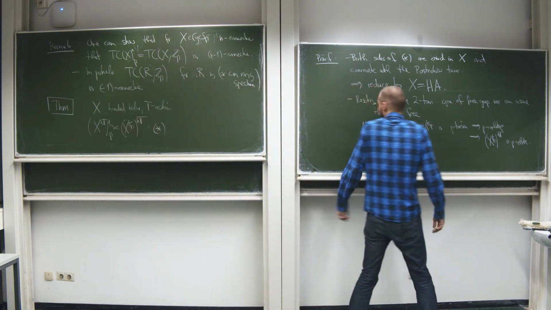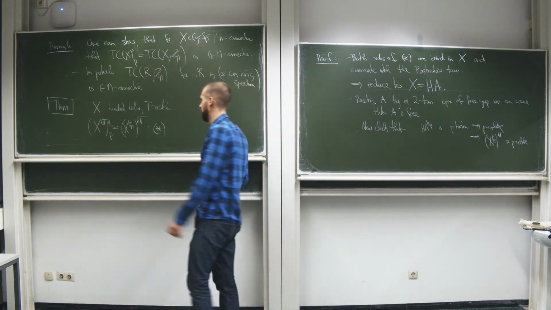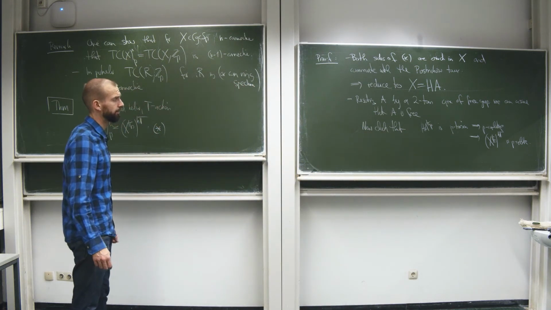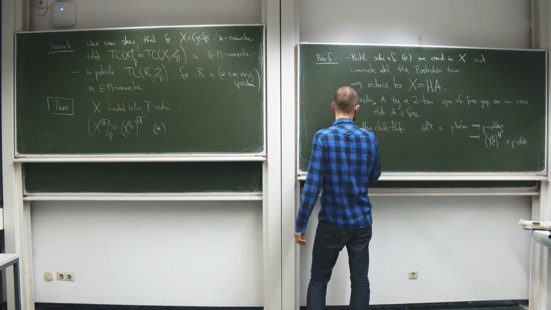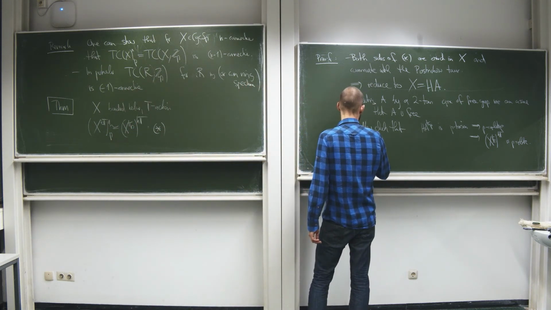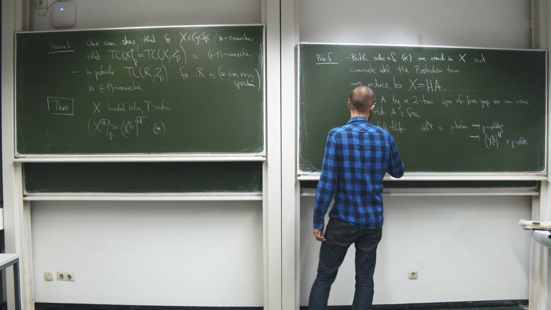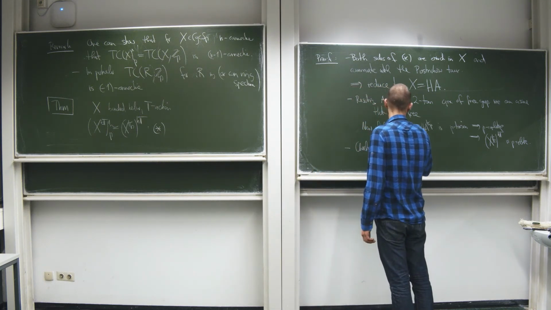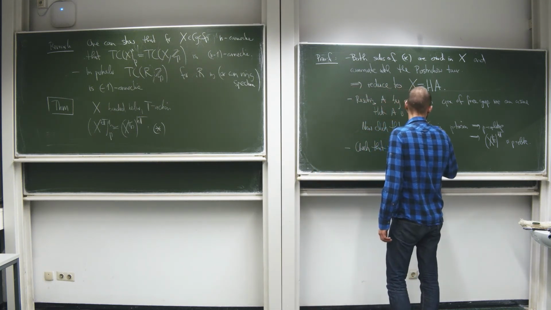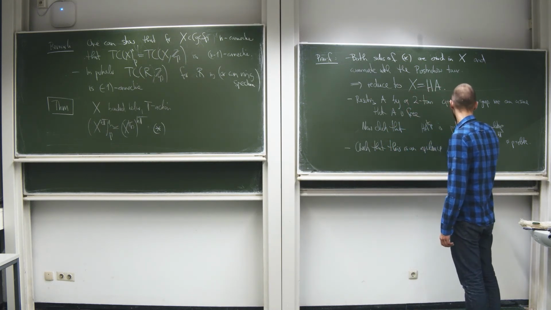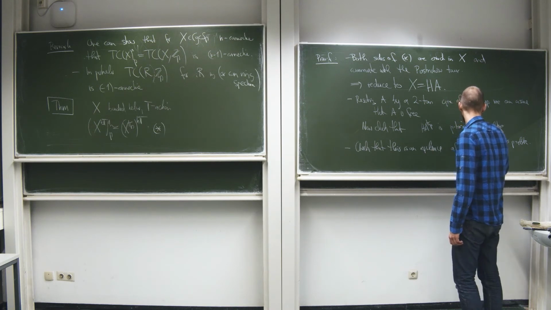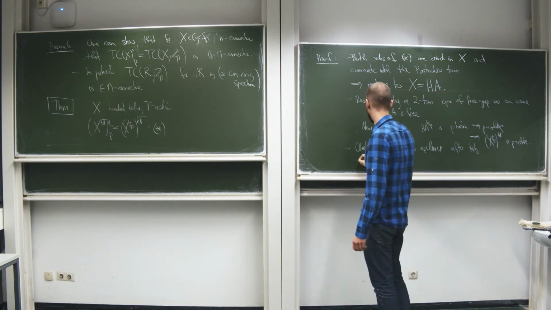And now we just have to check that this is an equivalence for X being HA and A being torsion free. But then we can check that this is an equivalence modulo p, after taking mod p.